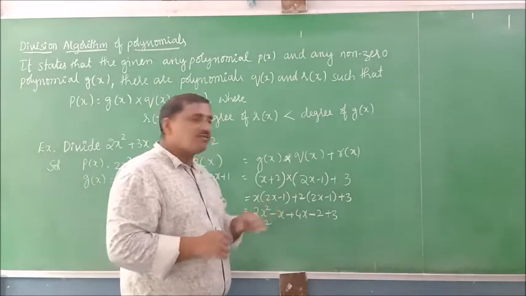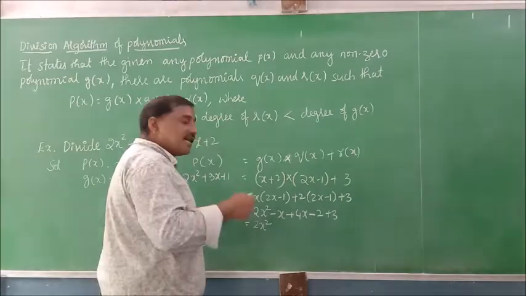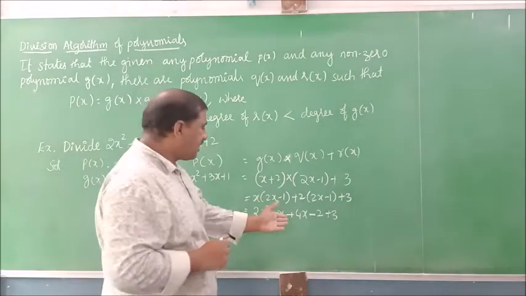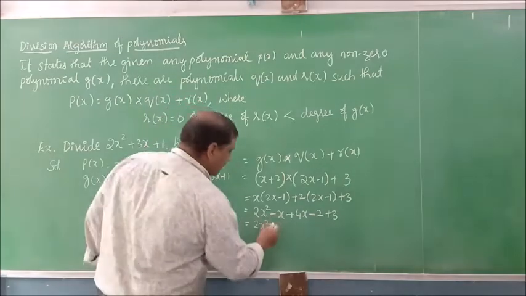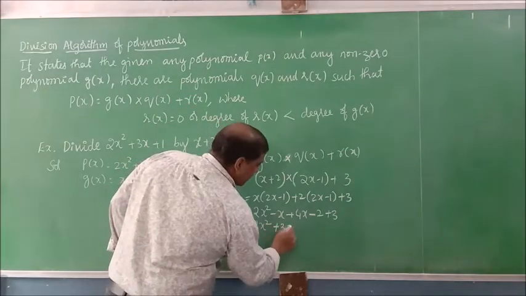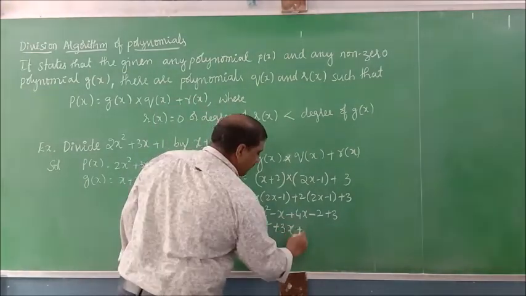Subtract 1 from 4 and we get 3, then take the larger number's sign. Simply, 4x minus x is equal to 3x, plus, and 3 minus 2 is equal to plus 1.